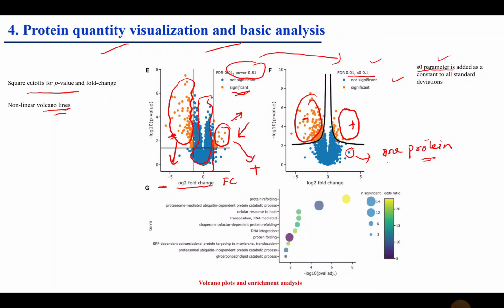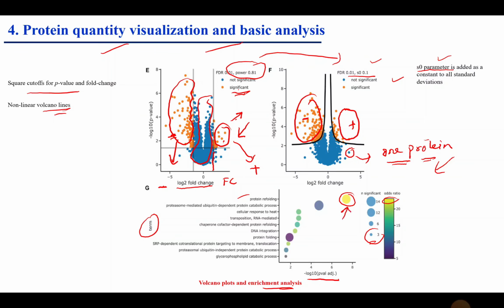As we know, each point shows one protein, so we use different enrichment analyses to find which pathway these proteins belong to. We have the negative log 10 p values, and similarly we can see which biological function these proteins are related to. The yellow color shows the odds ratio, and the size shows the significance.